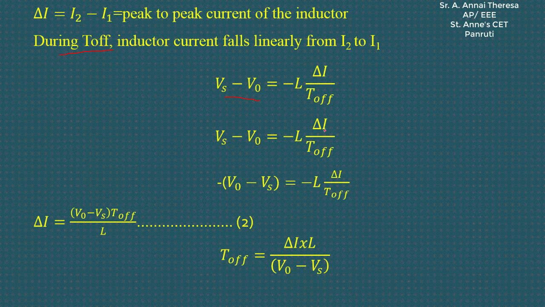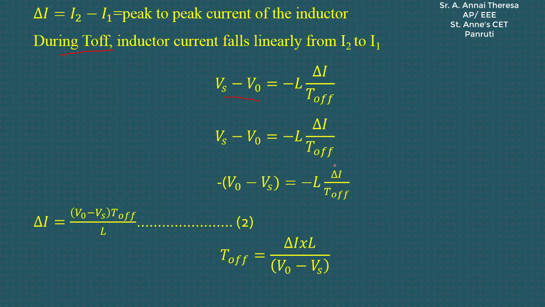Now we can take this minus outside. If you take the minus outside, there will be plus V0 and minus Vs. Multiplying, we get minus V0 plus Vs, which is equal to minus L into delta I by T off.